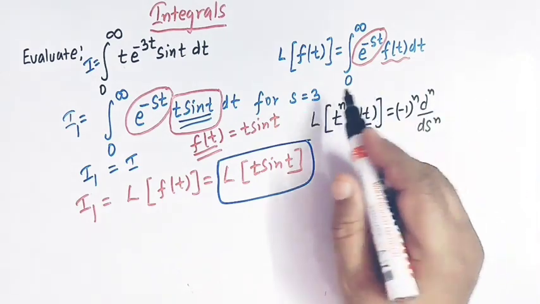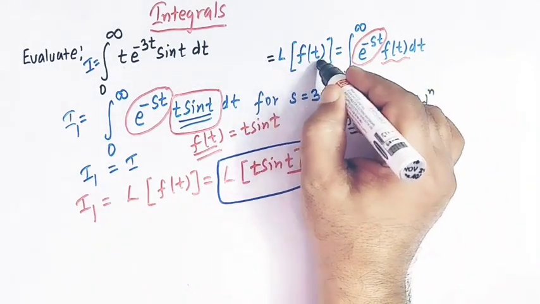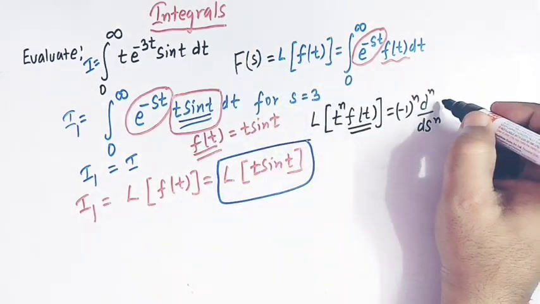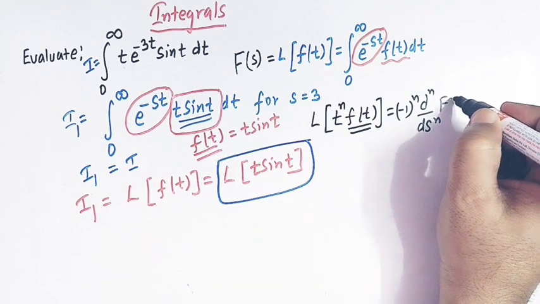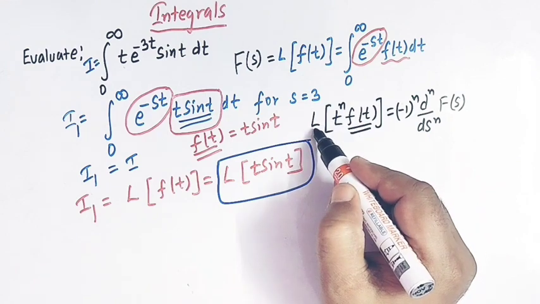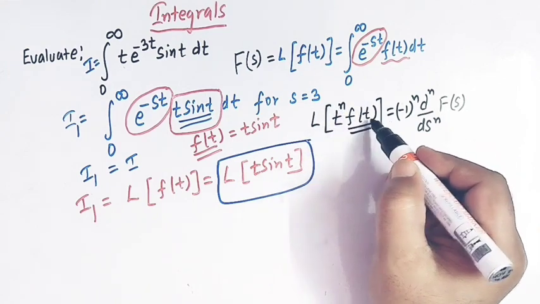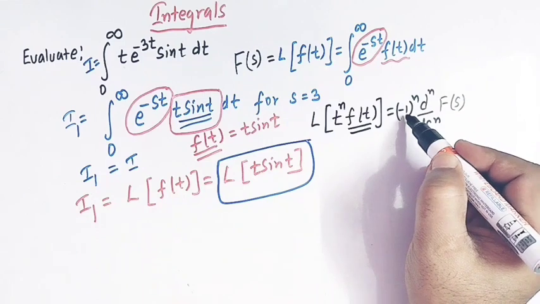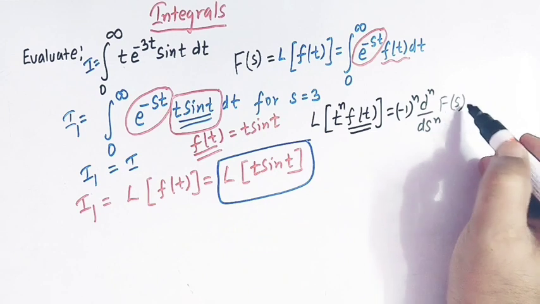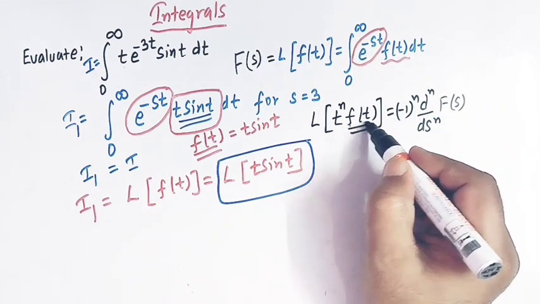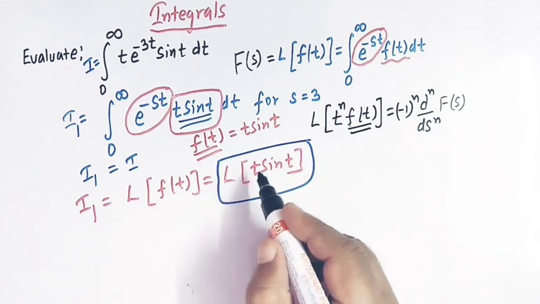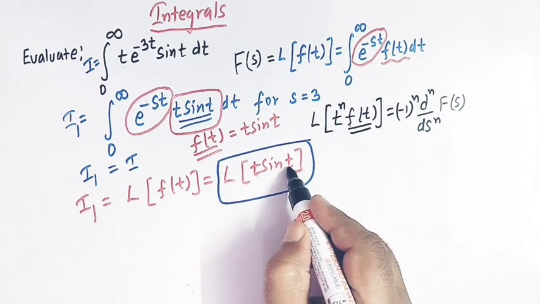And if we write the Laplace transform of f of t as capital F of s, then here we can write capital F of s, right? So the Laplace transform of t raised to n f of t is given by minus 1 raised to n, and the nth derivative of the Laplace transform of this function f of t, right? And now see, here we have to find the Laplace transform of t sine t, right?